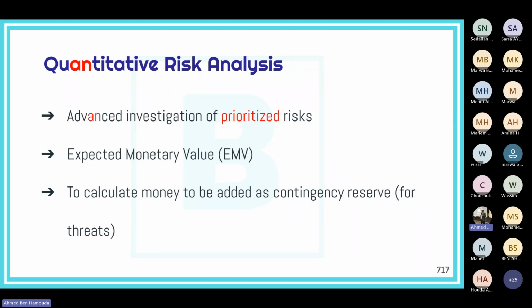There are a few techniques which we will see here, such as the expected monetary value, the EMV. Here we will try to calculate how much money we need to add as a contingency reserve for the threats.